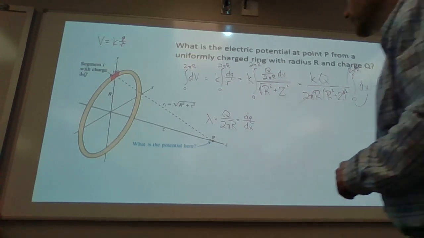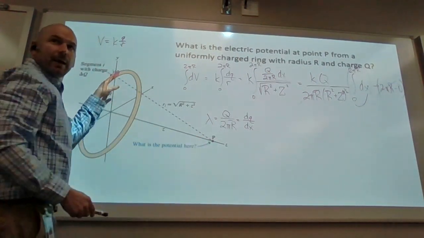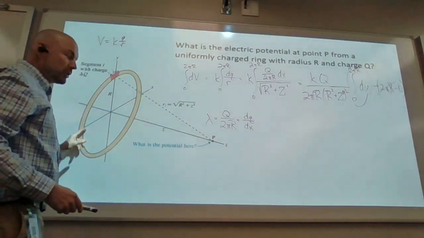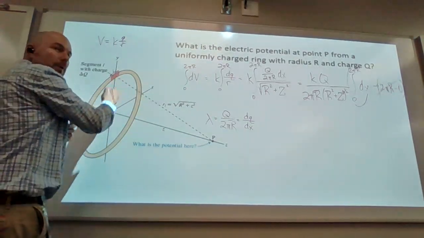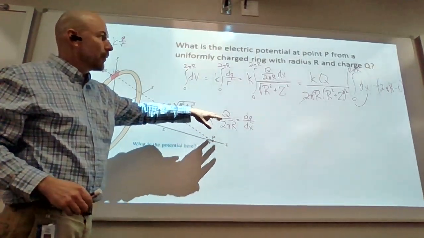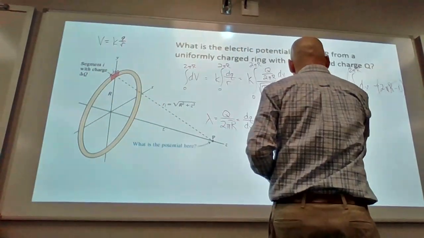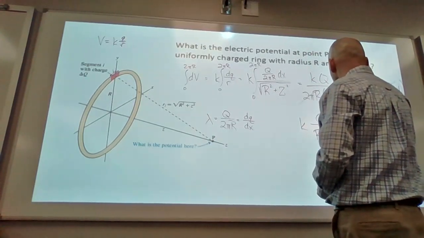Does everybody see that? Here's what Micah was saying. The radius is this, and we're just adding all these up. Nothing's changing, so the total charge is the same distance away from that point. So it's just K times the total charge divided by the distance.